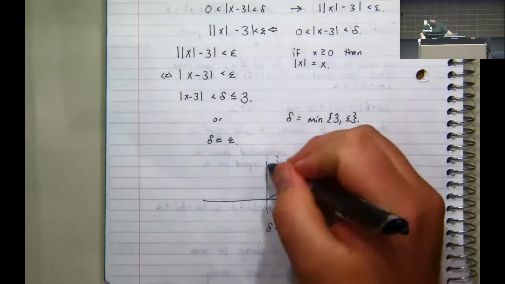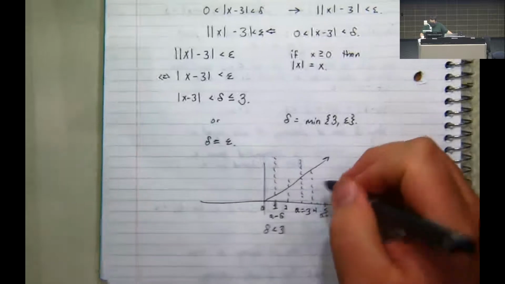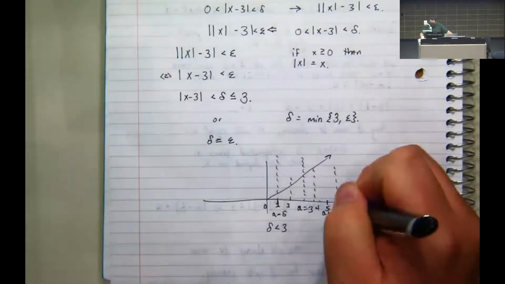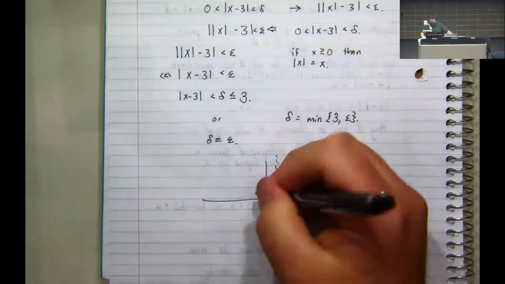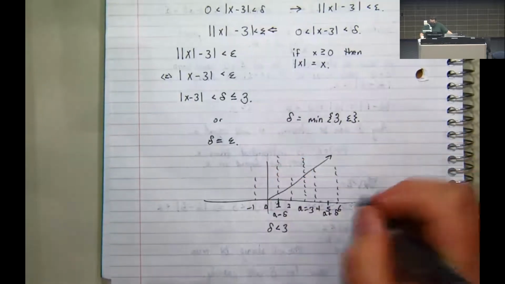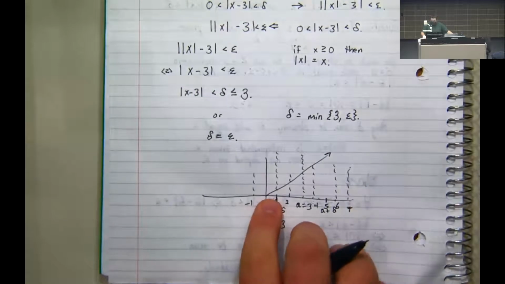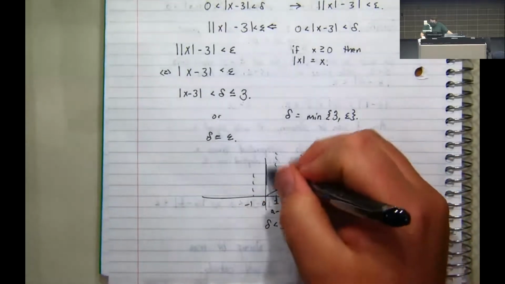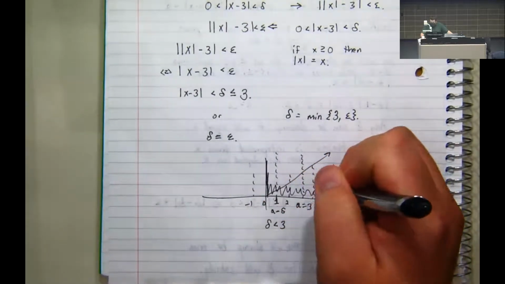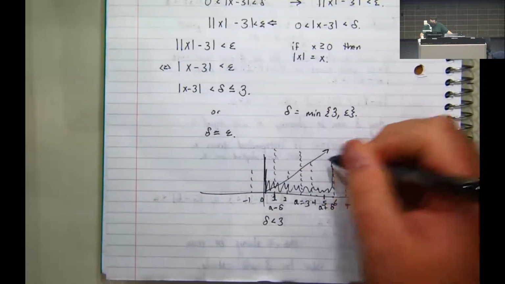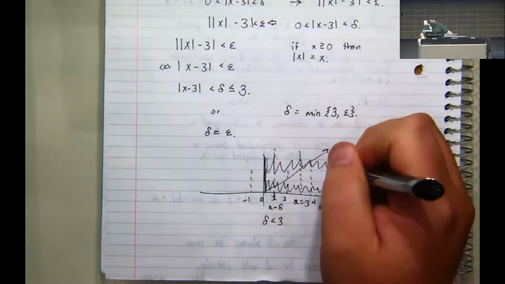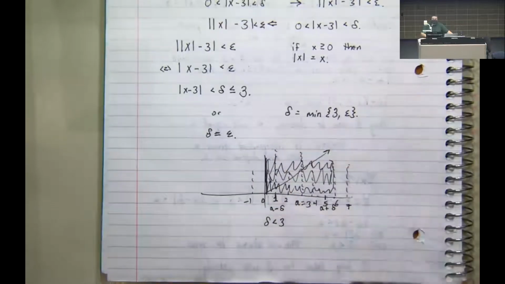If it was 3, then it'd be at 0 and 6. If it was 4, it'd be at -1 and 7. But if it's less than 3, then it's only contained in this area. It's never negative. Does that make sense?